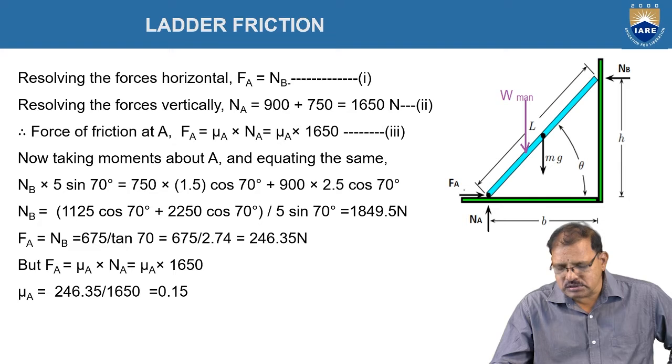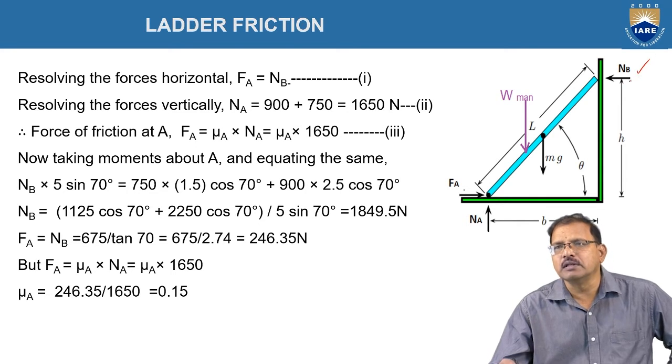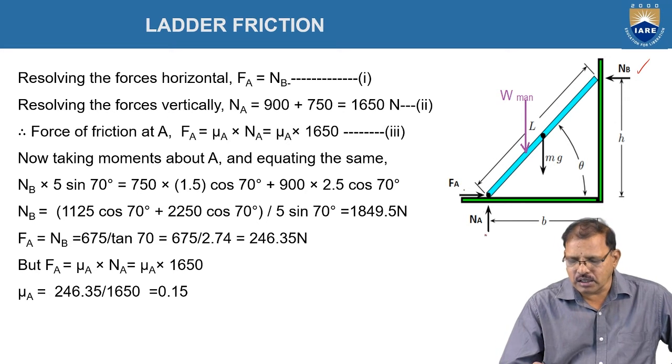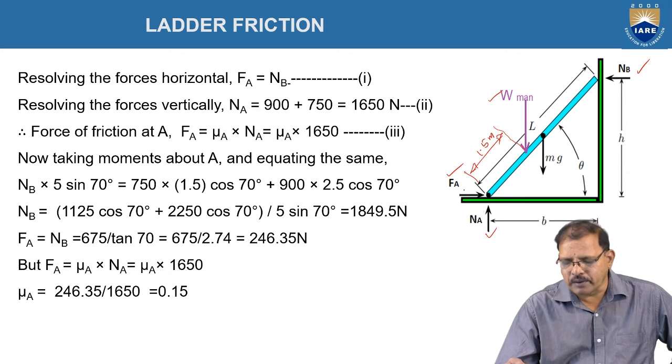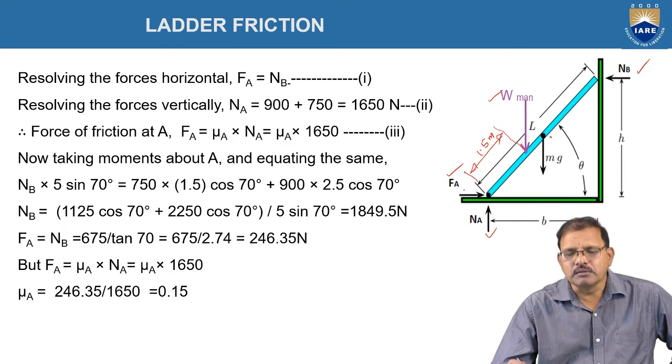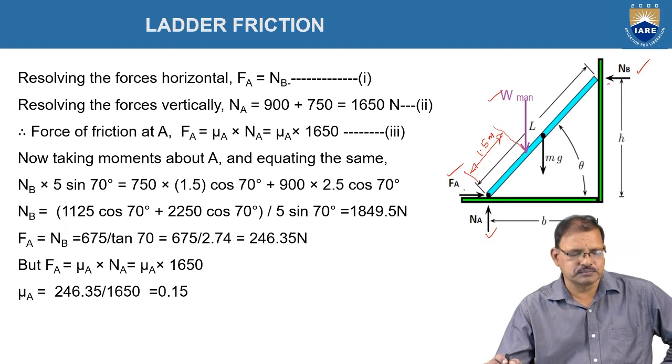Now, regarding the forces, at B there is Nb and no frictional force; at A there are Na and Fa, and the weight of the man, which is at a distance of 1.5 meters from point A, and the weight of the ladder acting at its midpoint, that is 2.5 meters from A, which is represented in the figure.